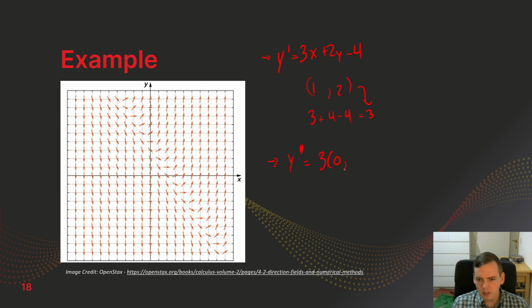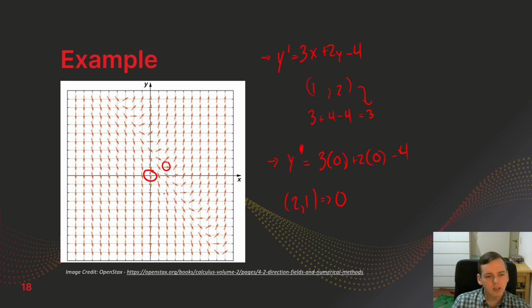So at 0, 0, the slope should be negative 4. And we see indeed at 0, 0, the slope is very steep and negative. Likewise, at 2, 1, the slope is going to be 0. And so at point 2, 1, we see a slope of 0.